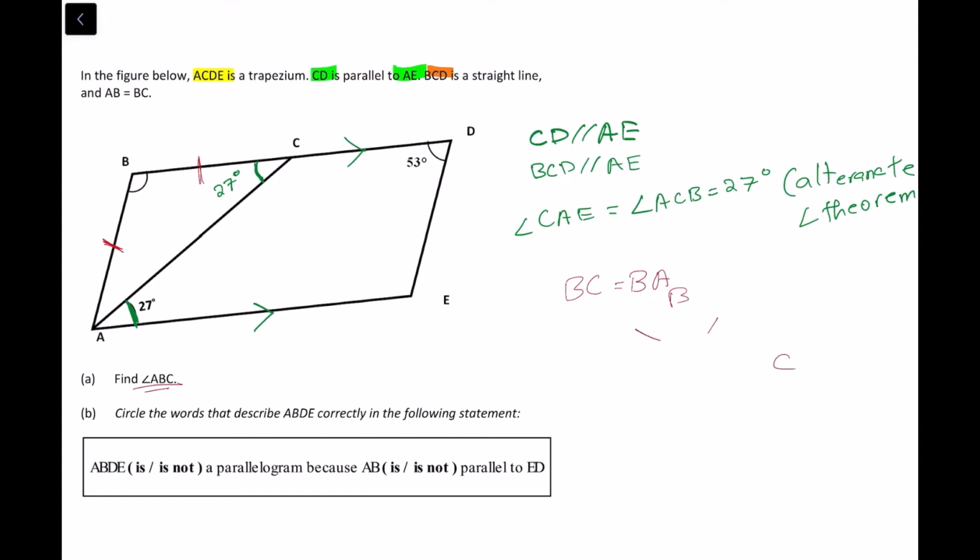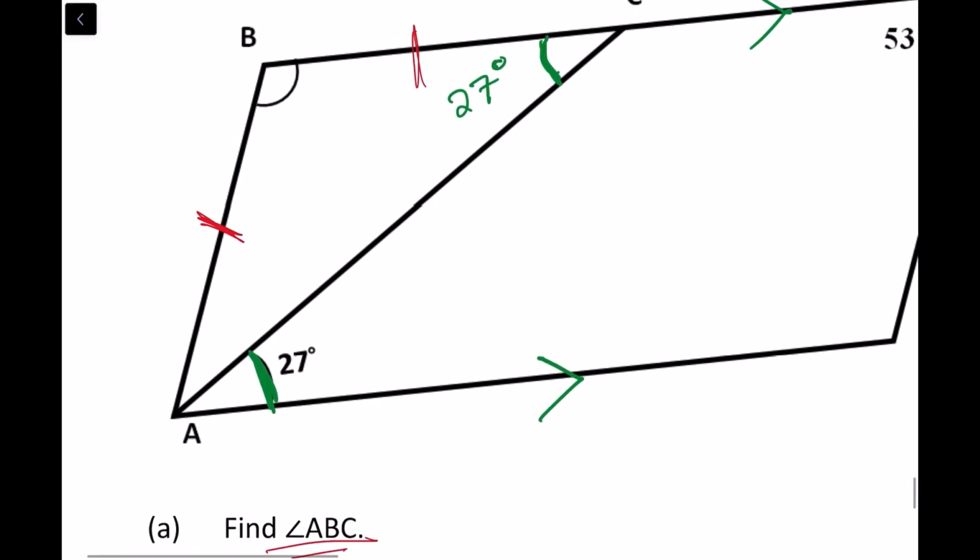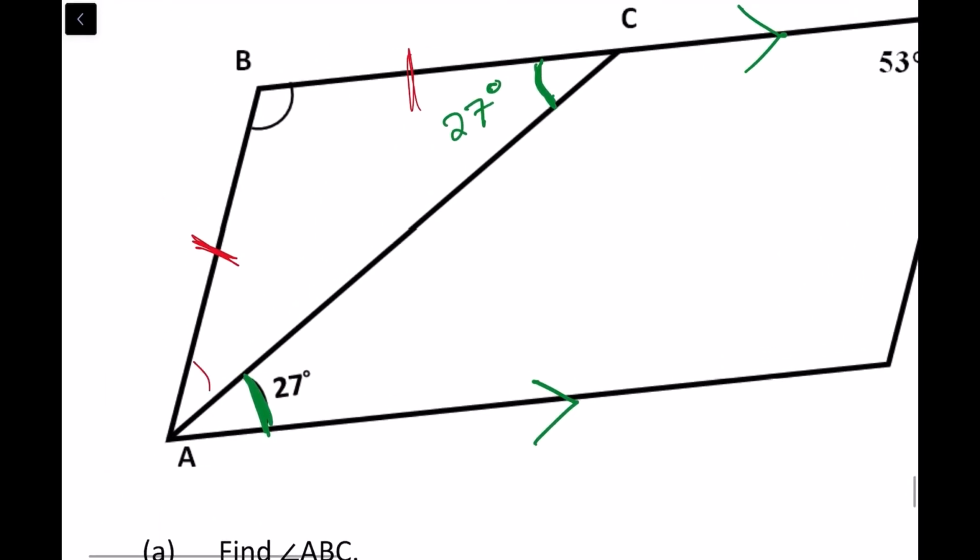One property of an isosceles triangle is that the base angles are the same. What I mean is that the value of angle BCA is equal to angle BAC, since BC is equal to BA.